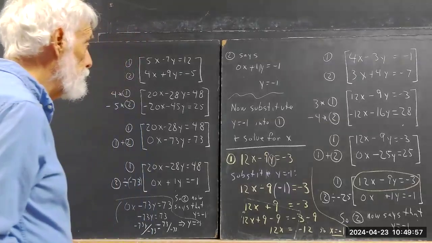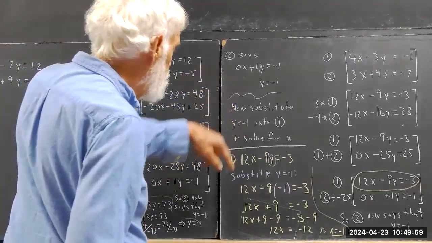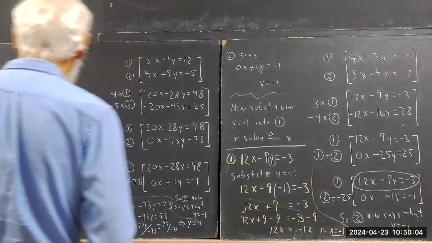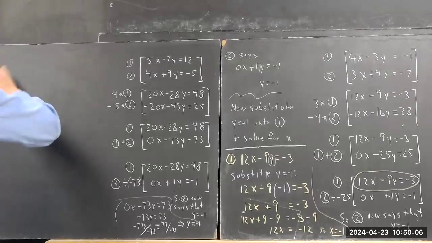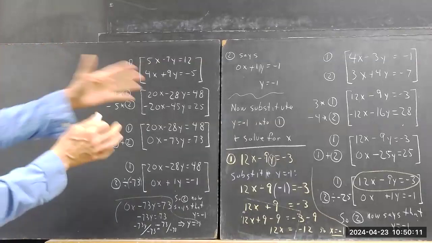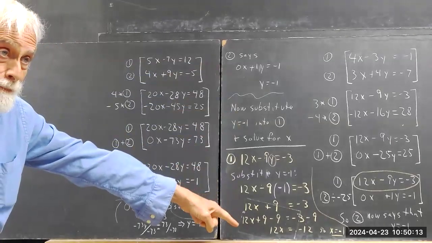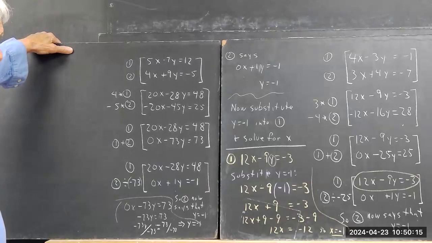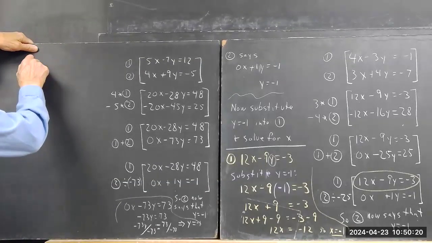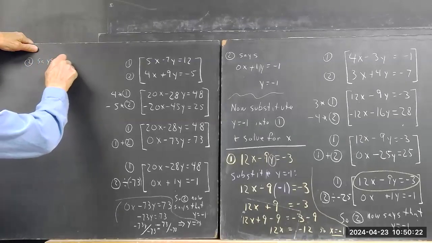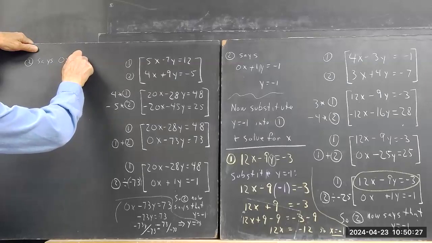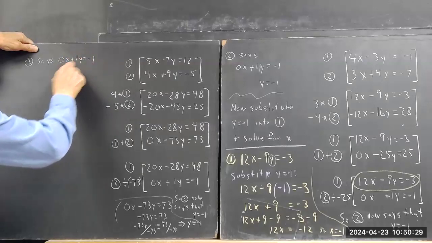Well, what do we do next? Substitute negative 1 into the first equation. I'm not going to do it quite as explicitly as I did it before, partly because we only got 3 minutes left. Actually, I'm going to do what I said. I'll just do it quickly. Equation 2 says 0x plus 1y equals negative 1.